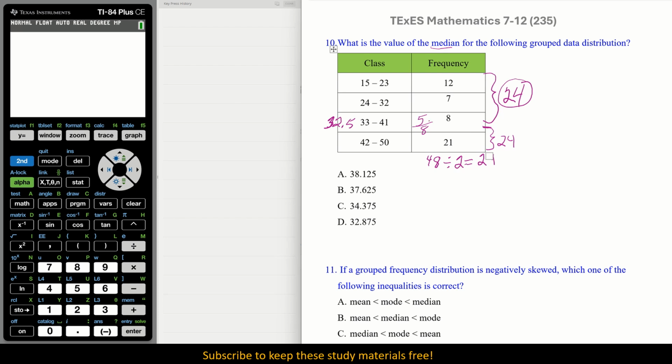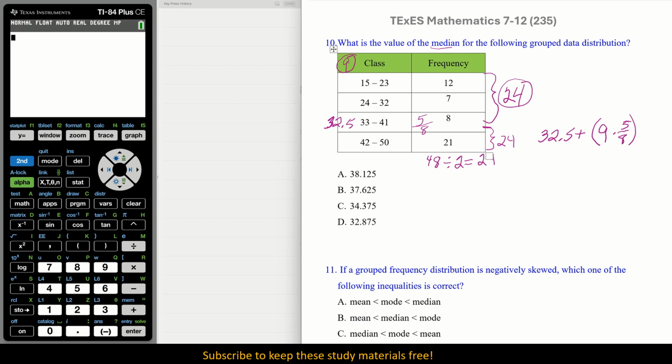Now, our formula tells us that we need to take the lower boundary of 32.5 and add that to, well, how many numbers do we have in the class? We would have 9 values in this class on each row. So we need 9 times 5 out of 8.